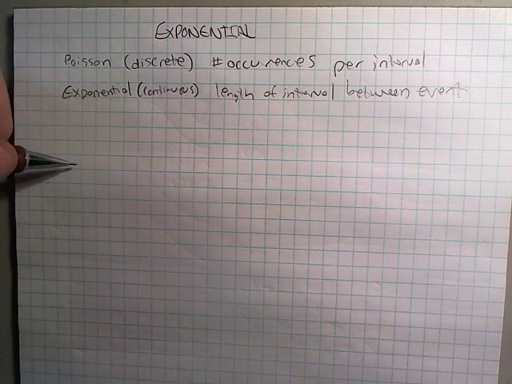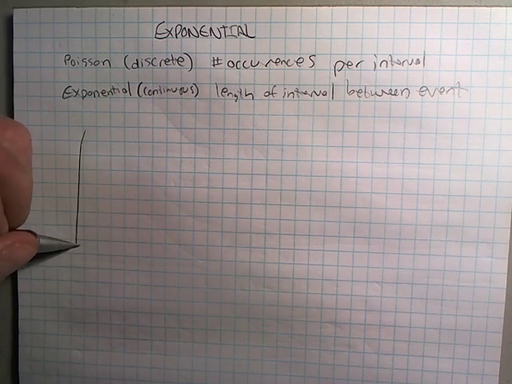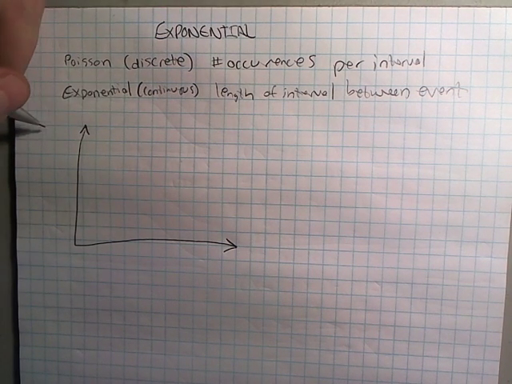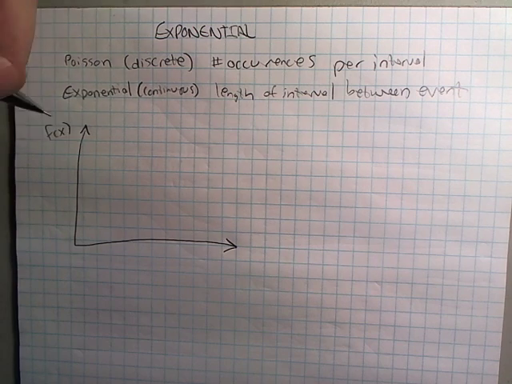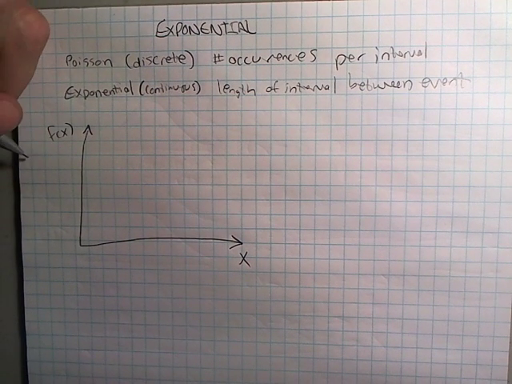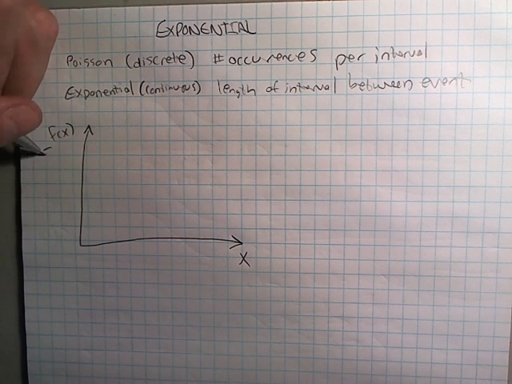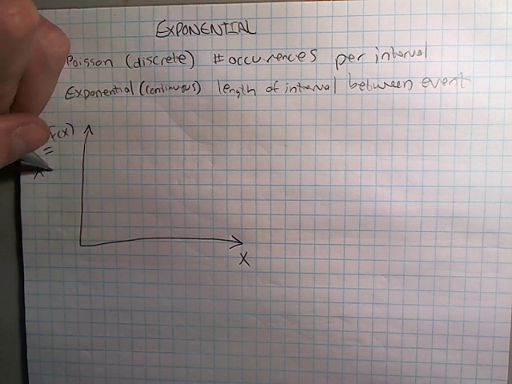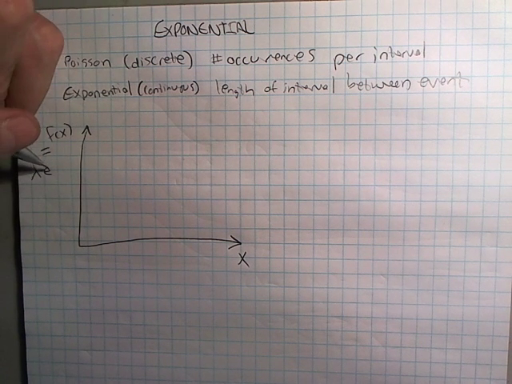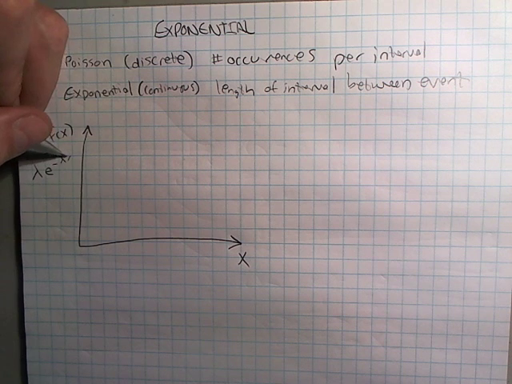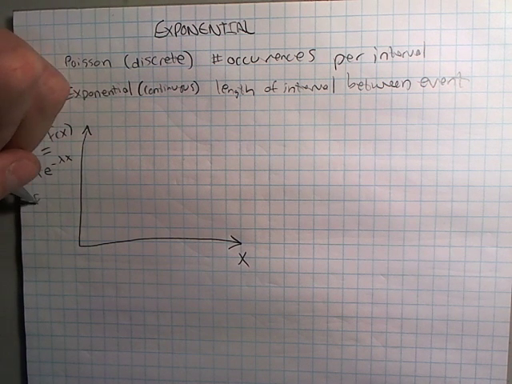So let's go ahead and sketch this out. On the left here we have f of x, and the formula for f of x is equal to lambda multiplied by the constant e raised to the power of negative lambda multiplied by x.